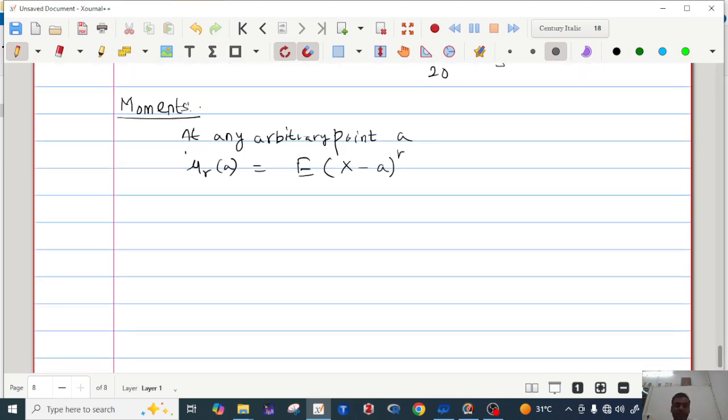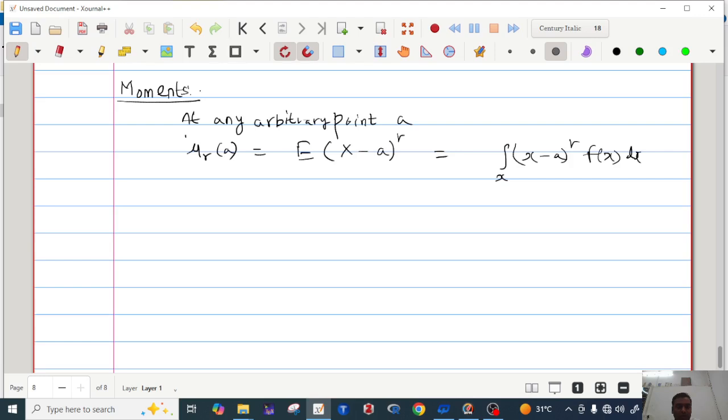This is the definition. How to solve this for continuous? If this x is continuous, E of x minus A raised to r is integration of x minus A raised to r f of x dx.